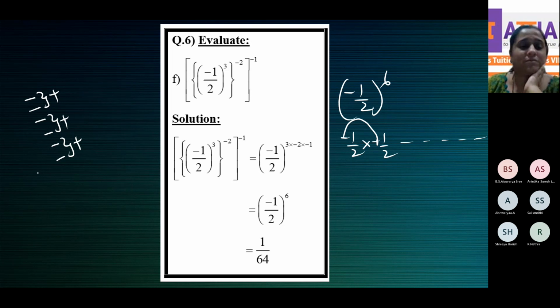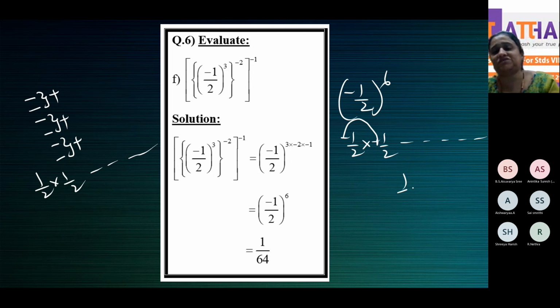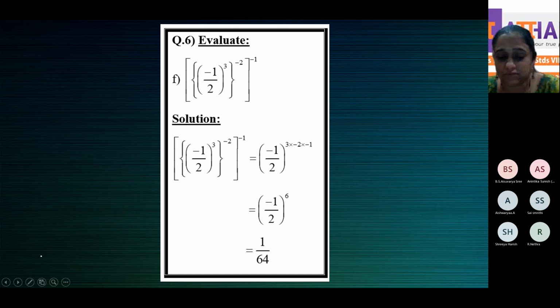And 1 by 2 into 1 by 2 into 1 by 2, 6 times is 1 by 64. Done, children? Yes, ma'am. Got it, ma'am.